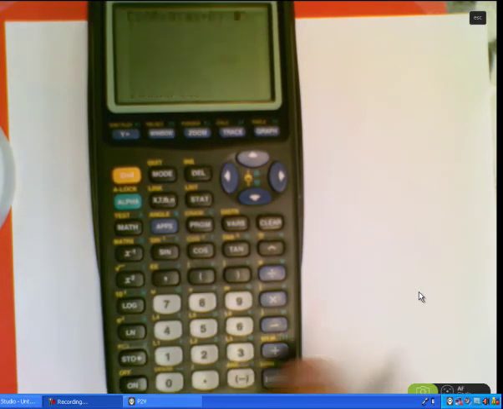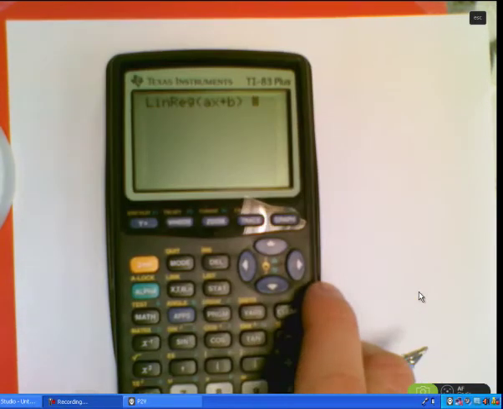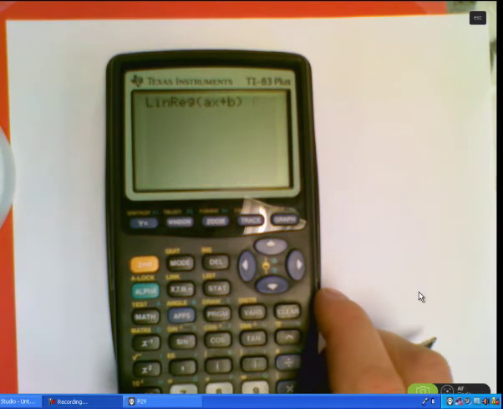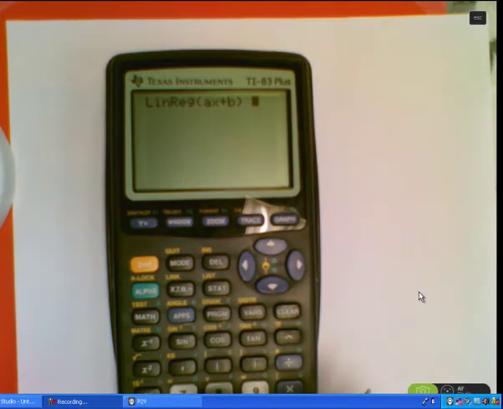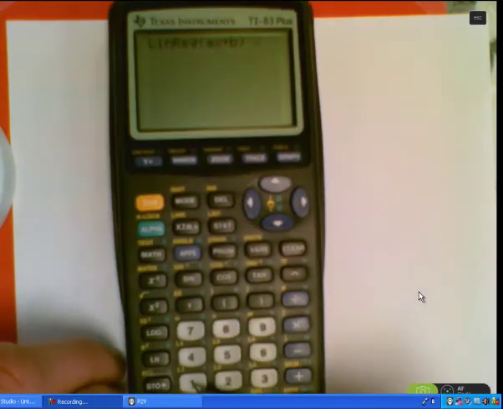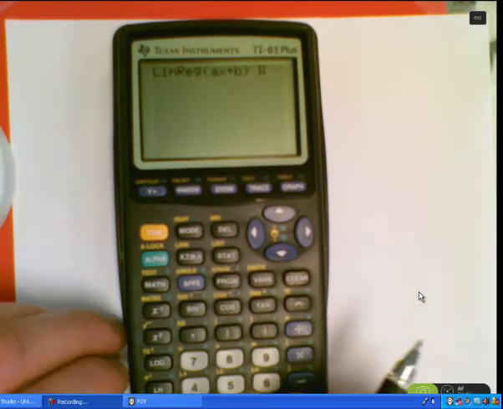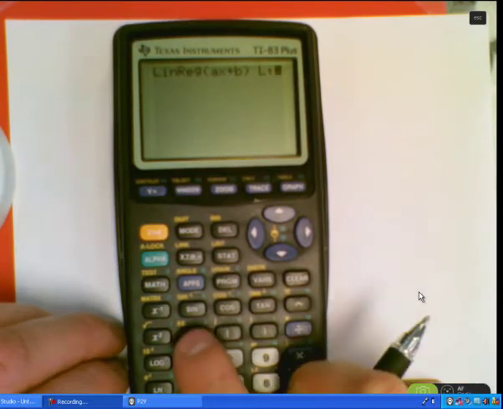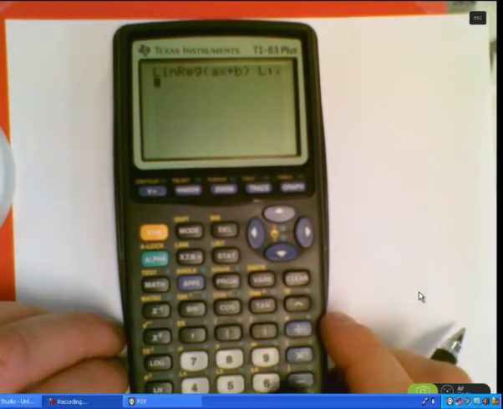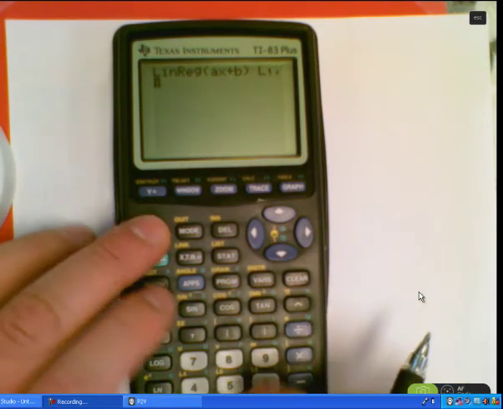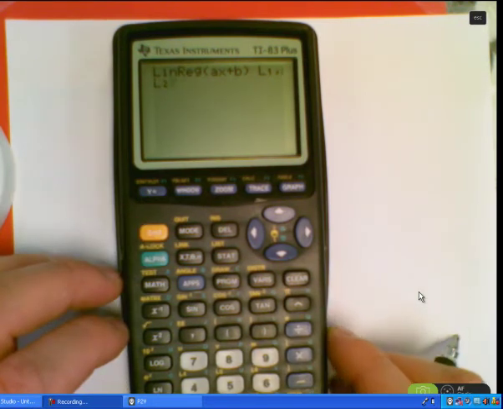Now you need to tell it where to get the data from. So we're going to tell it list 1. If you look above the number 1, there's an L1. Calculator might be a little bit different, but it's a second function, so I'm going to go second, list 1, comma. Make sure you put the comma, separate it out. If you don't put the comma, it's not going to work out for you. And then list 2, and then enter.